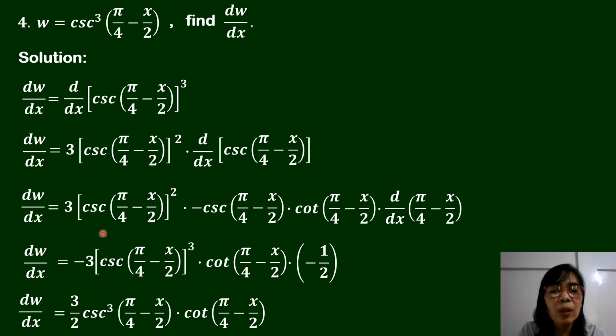This factor may be written with the exponent 3 between the cosecant and its angle. So we have the derivative of w with respect to x equal to 3 halves times the cube of cosecant of pi over 4 minus x over 2 times cotangent of pi over 4 minus x over 2. That will be the final answer.